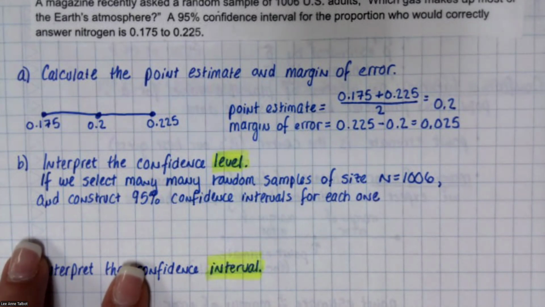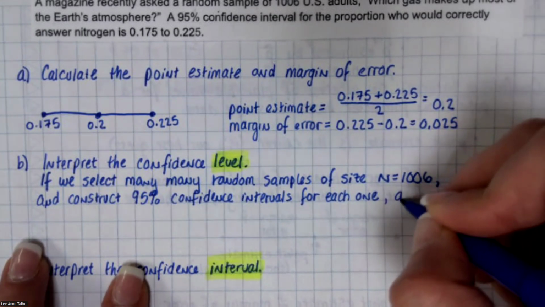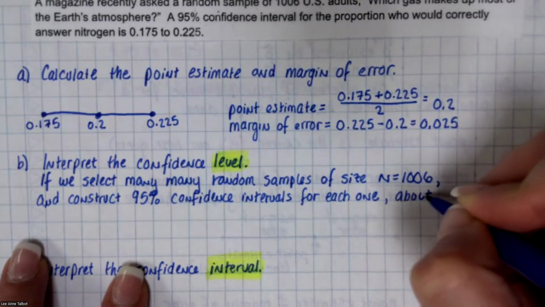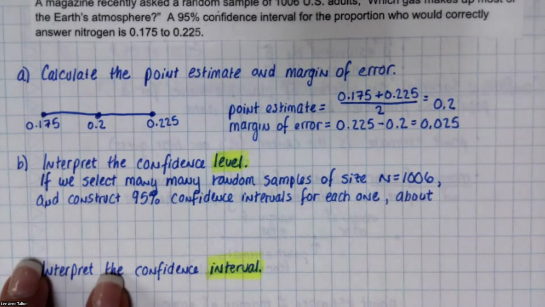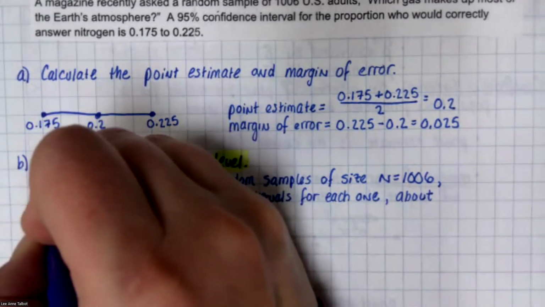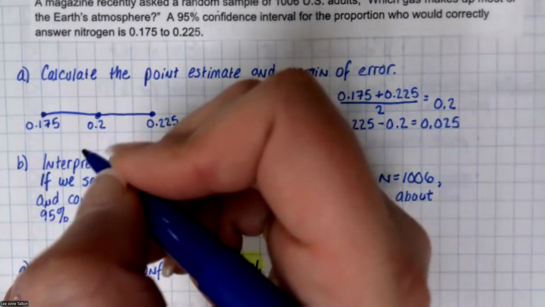We do some math, make confidence intervals for all of those. About 95%.